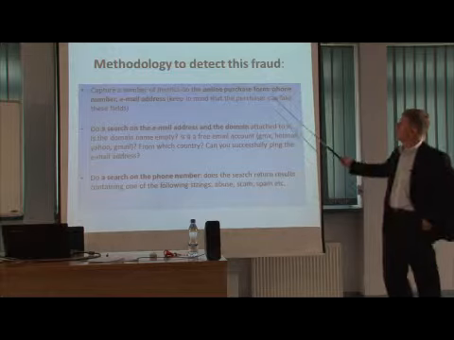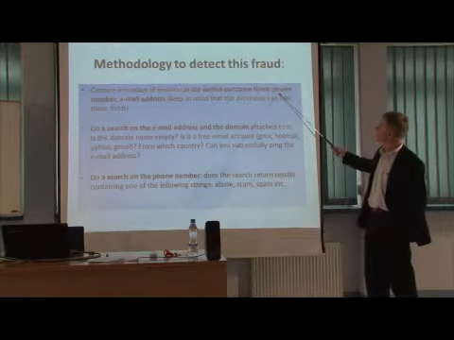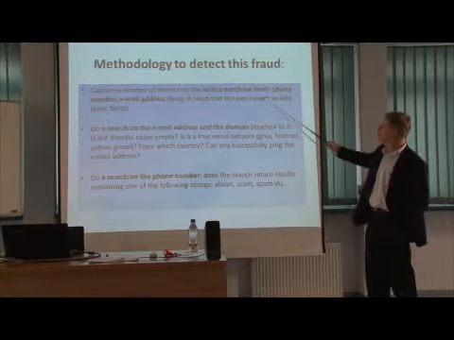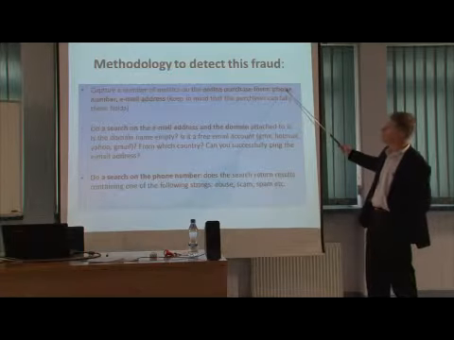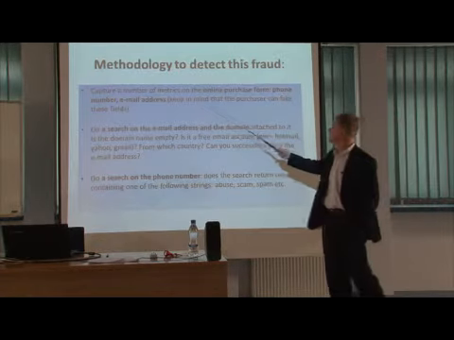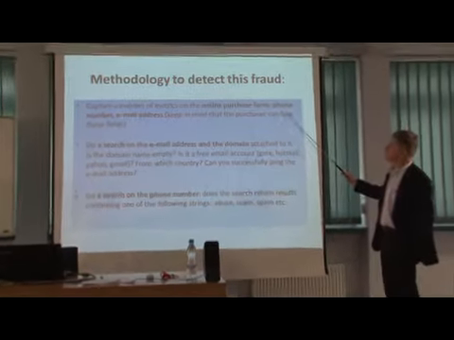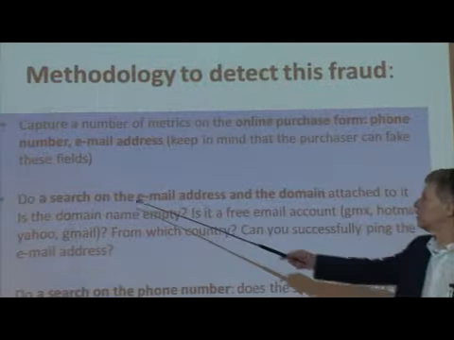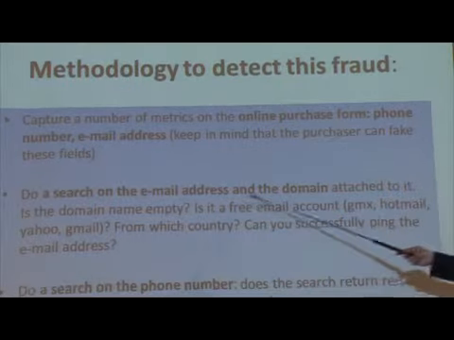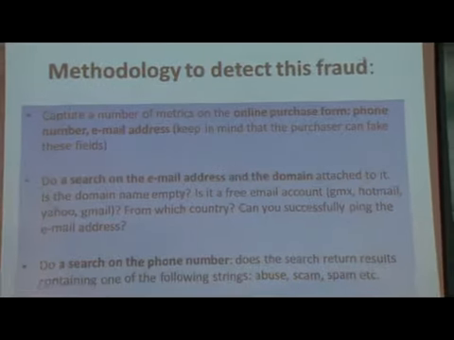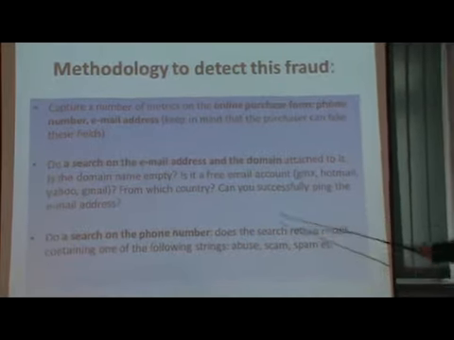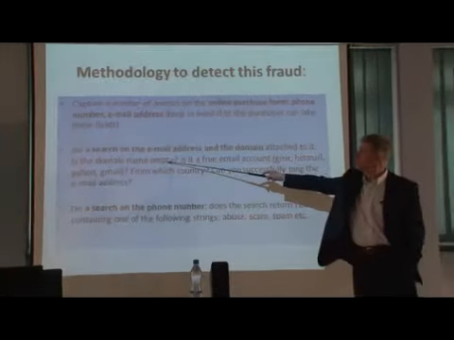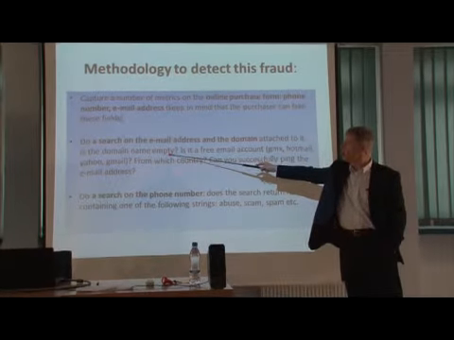So you can capture a number of metrics from the online purchase form, that is phone number and email address. They can be fake, but they can be checked against real data by searching the email address and the domain attached to it, and creating features such as: is the domain name empty?